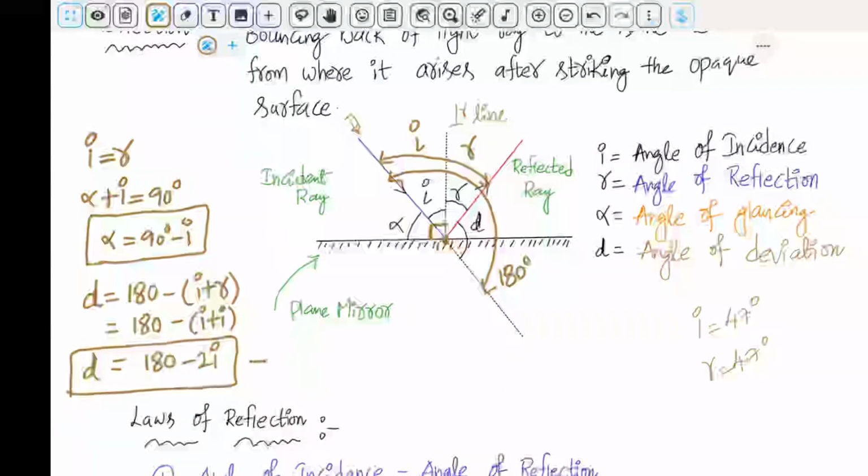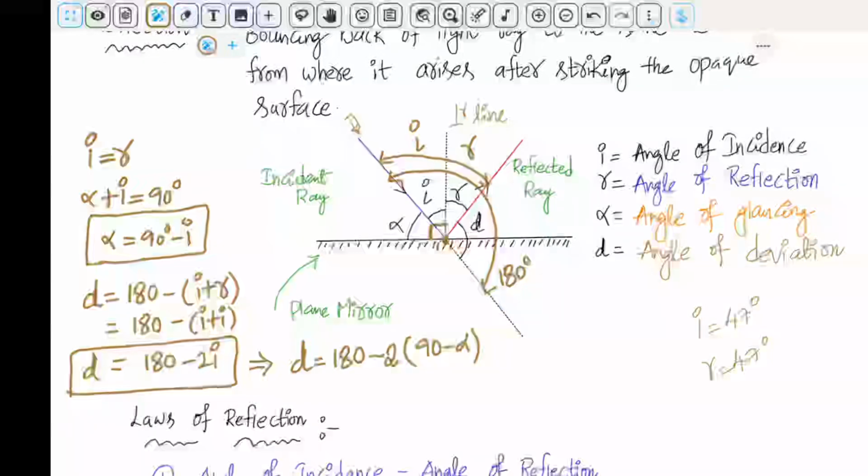If you want to extend this relation, you can extend it like this. So deviation is equal to 180 degrees minus 2 times, in place of angle of incidence we can write 90 minus alpha, since I is equal to 90 minus alpha.